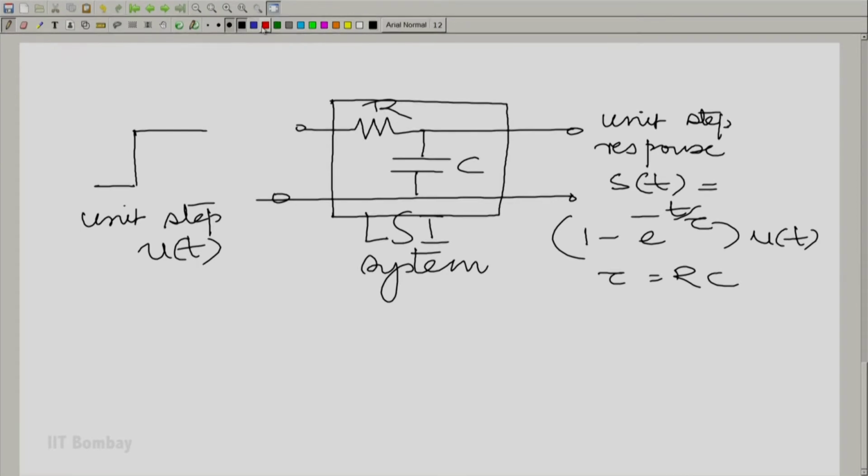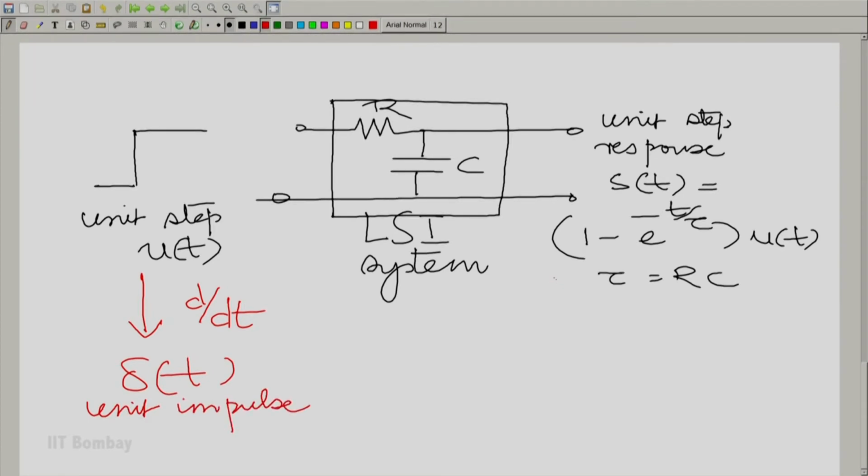Now, applying the derivative principle, take the derivative here and that should give me delta(t), a unit impulse. That should result in also taking a derivative here. And now, let us take the derivative. What is the derivative of s(t)?